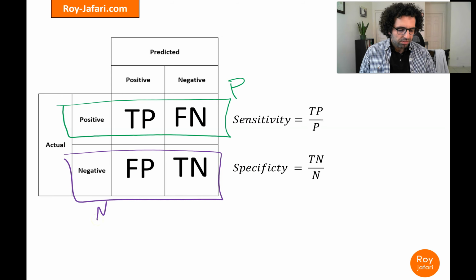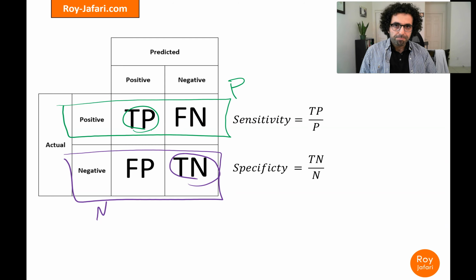And specificity is true negative, which is this, divided by that. And sensitivity is true positive divided by the whole number of positives, right?